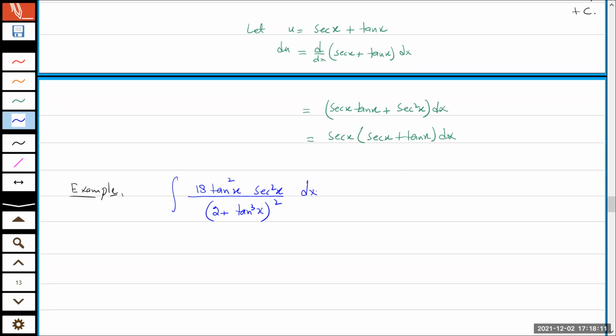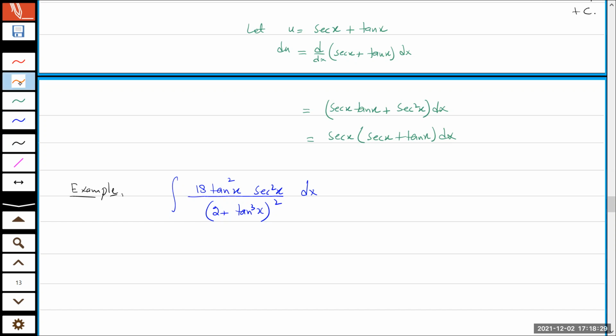This messy expression. Now I have to think about my substitution. What should I take as my substitution? Because the derivative of tan is secant squared, and I see it in the numerator as well, I'm going to start with this substitution, and hopefully it'll at least simplify this integral.